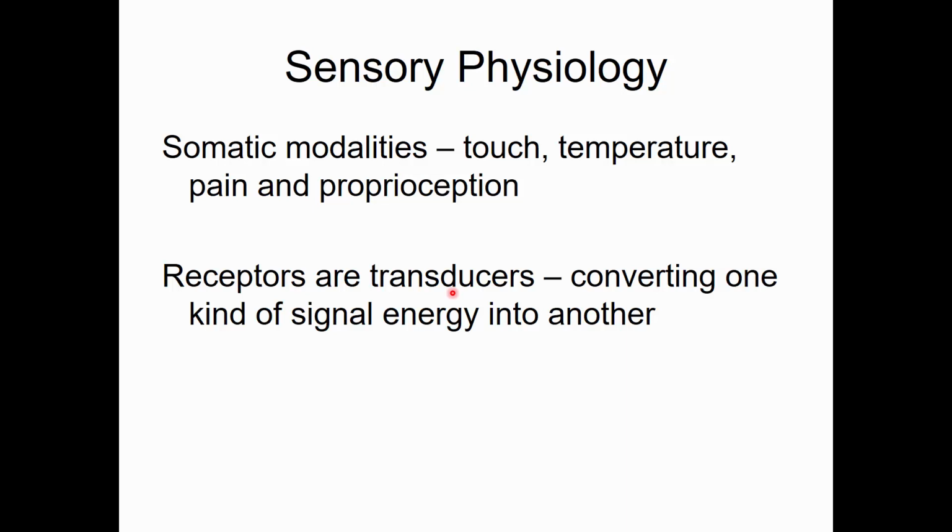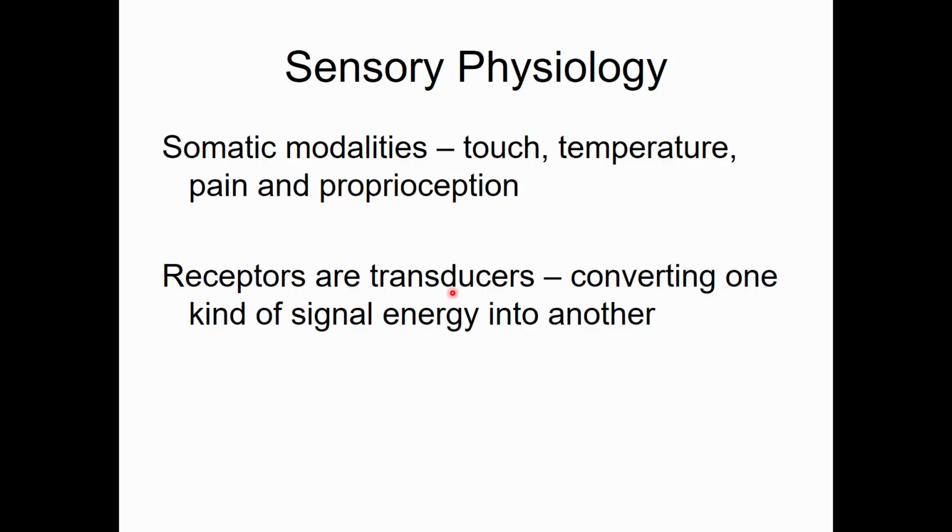Touch or a mechanical signal gets converted to an electrical signal, and so forth. So transduction is a general word. Those of you that work in the clinical arena, you have a pressure transducer. It's taking a pressure signal and turning it into an electrical signal you can see on your display. This is the very same kind of thing.